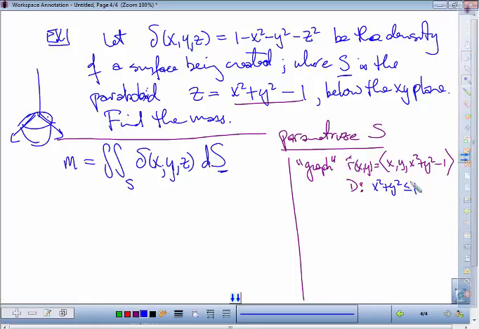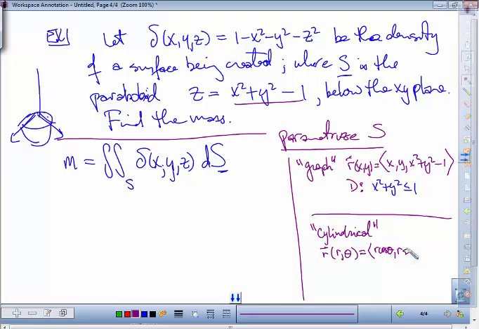The other way to do this is to jump straight into polar coordinates or cylindrical. And when we go into polar cylindrical coordinates, we're using r and theta now for our parameters. And we got x is equal to r cosine theta, y is equal to r sine theta, and then z is equal to z, and z is equal to x squared plus y squared minus 1.